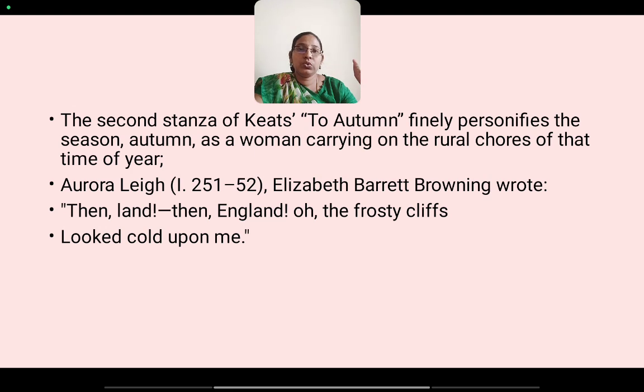When we talk about individuals, we can say I spoke to an Englishman, I spoke to an Englishwoman, they looked cold upon me. But here she personifies the whole of England as a particular human, and we find they are looking cold upon me. That is, they are staring at her, looking at her in a strange way. So this is called personification.